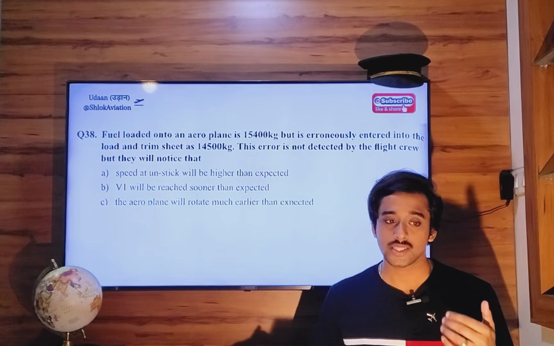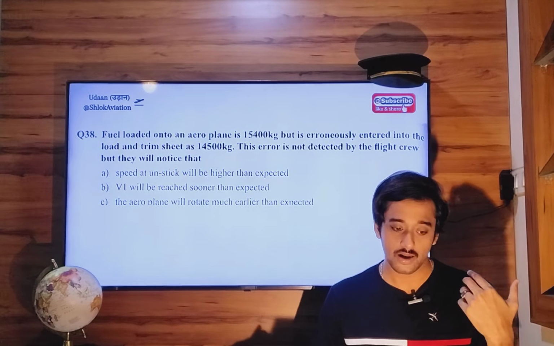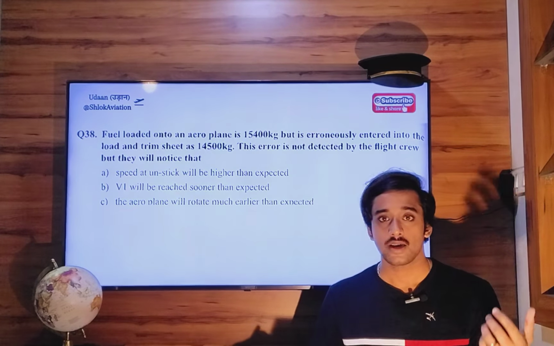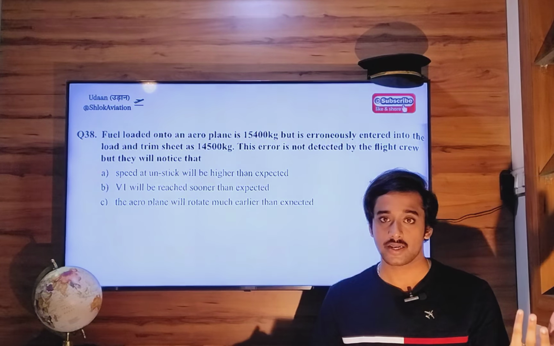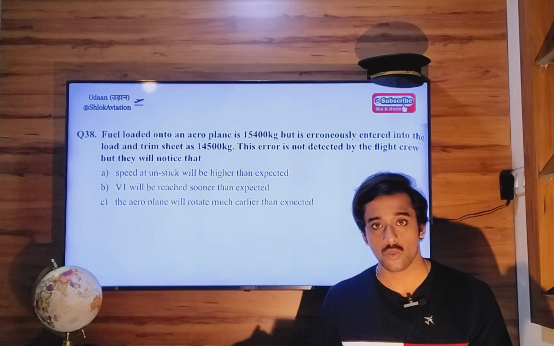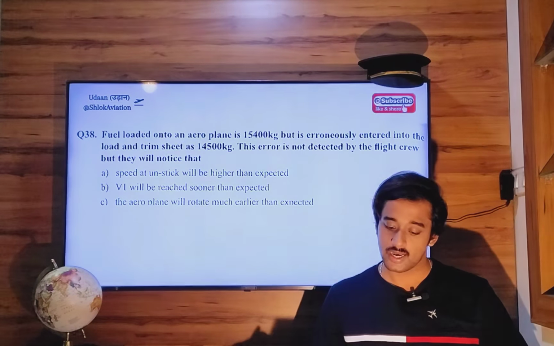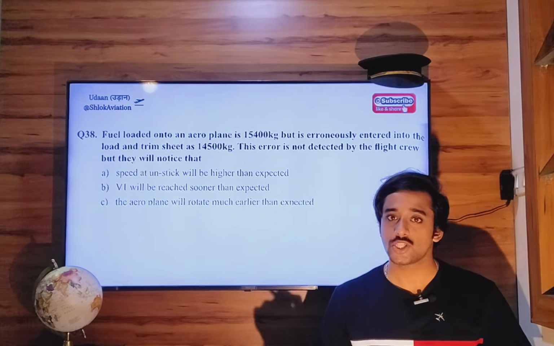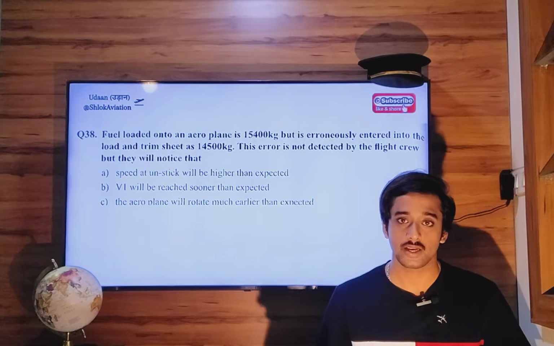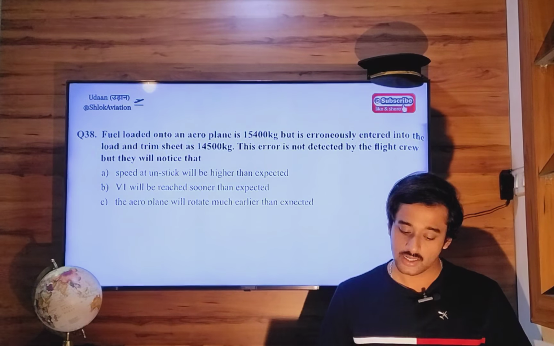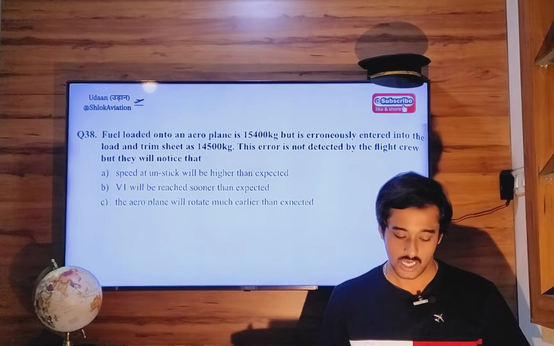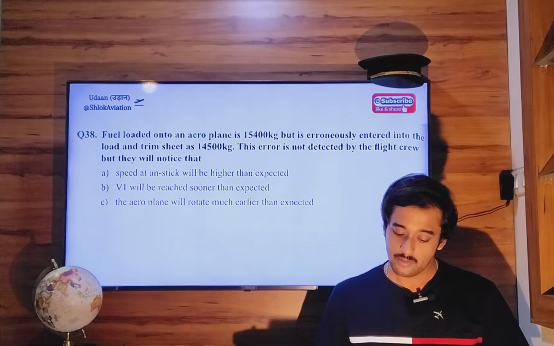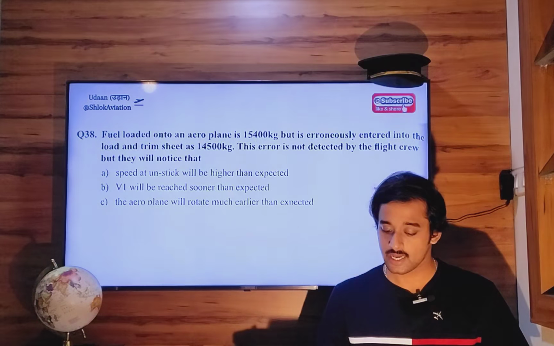Heavier aircraft means more demands on the aircraft in terms of speed, lift, and runway distance requirement, etc. So the error is not detected by the flight crew, but they will notice some changes in the flight environment or in the cockpit, like speed at unstick will be higher than expected, V1 will be reached sooner than expected, the airplane will rotate much earlier than expected.